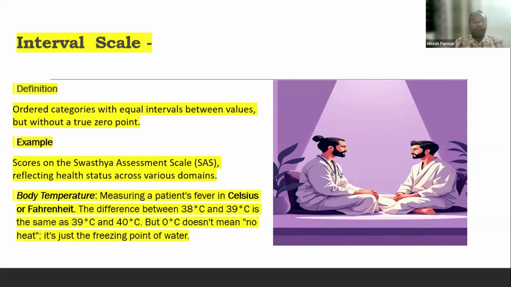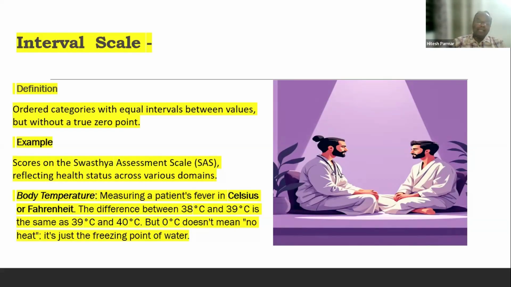For example, body temperature measured in Celsius: 21 degrees Celsius, 22 degrees Celsius, and 23 degrees Celsius. These are three body temperatures that we are measuring. If we take any two consecutive numbers and find the difference, every time we'll get the same answer.